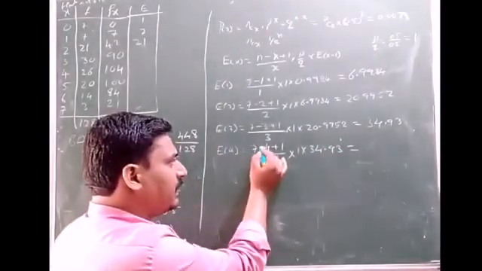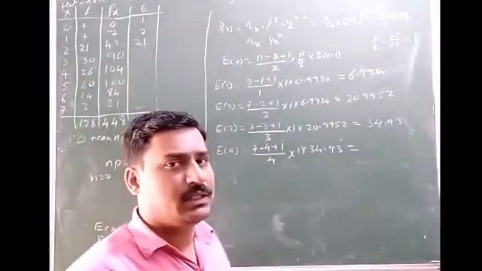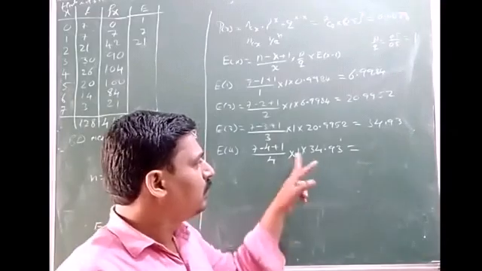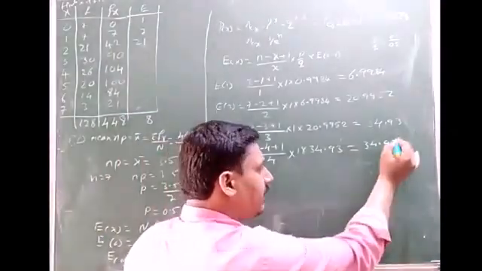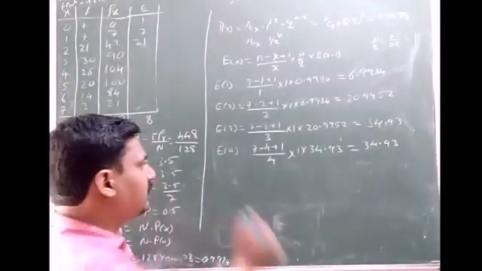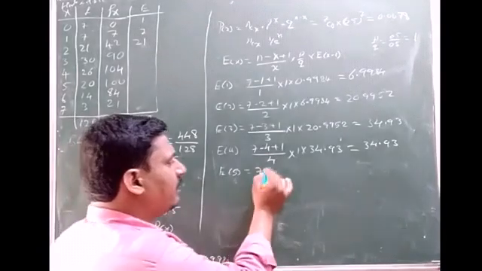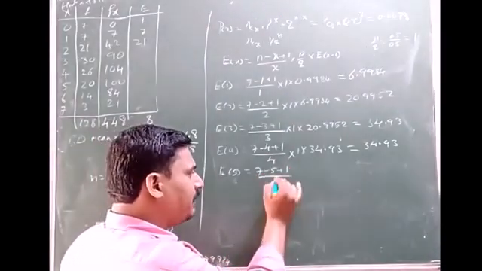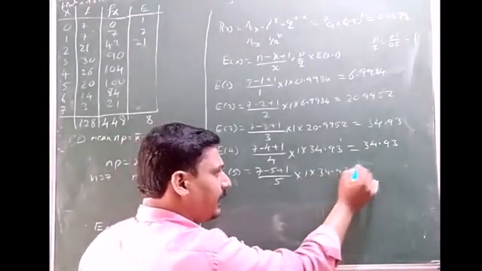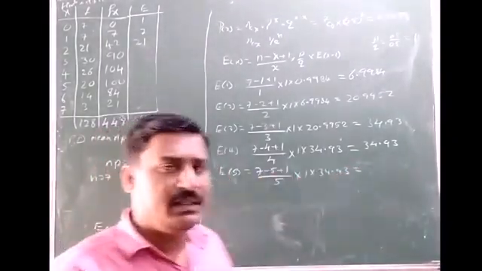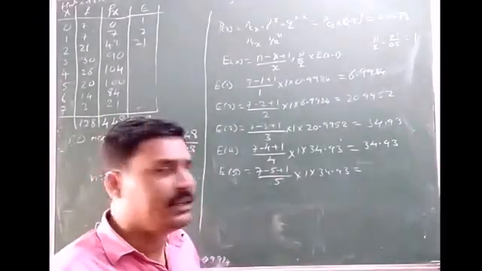So 7 minus 4 is 3, 3 plus 1 is 4, 4 divided by 4 is 1, and 1 into 34.93 is 34.93. Now next, E of 5 is equal to 7 minus 5 plus 1 divided by 5 into 1 into 34.93. So 7 minus 5 is 2, 2 plus 1 is 3, 3 divided by 5 into 34.93.